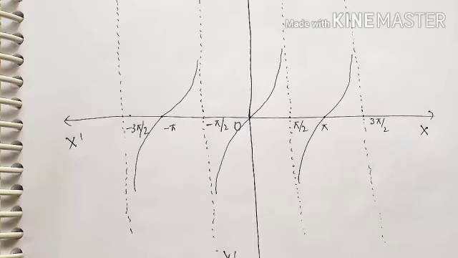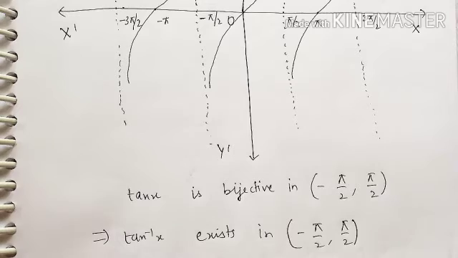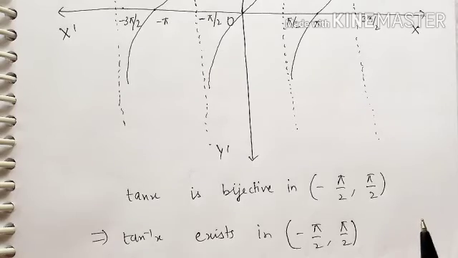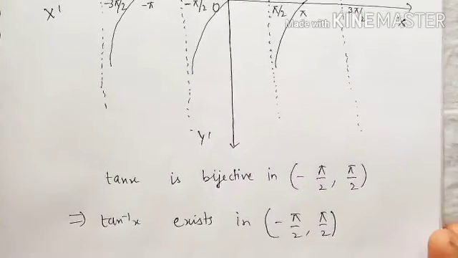It is onto, because every y in the set of real numbers has its pre-image, but tan x will not be bijective in the set of real numbers because it is not one-one. So it is needed to restrict the domain of tan x so that it becomes bijective, and we take this interval. We may take other intervals also, but mathematicians accept this interval as the principal value branch.